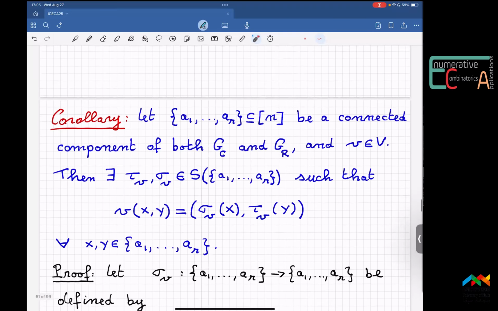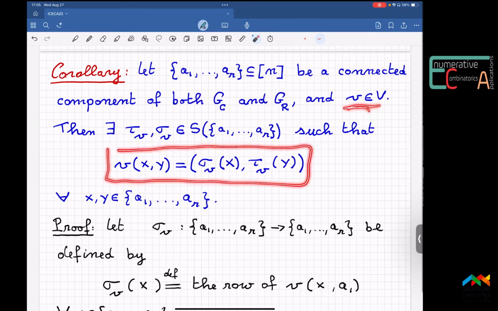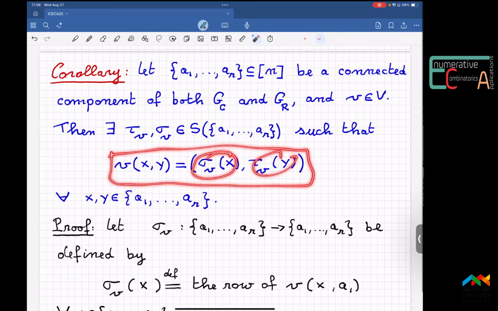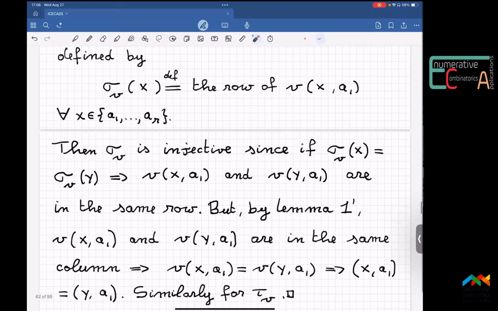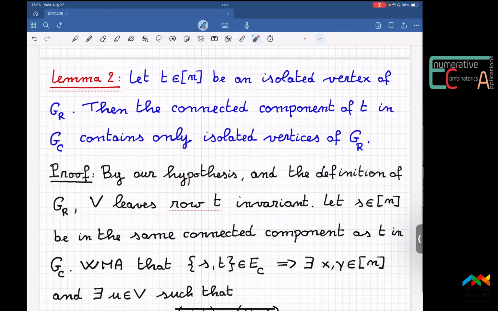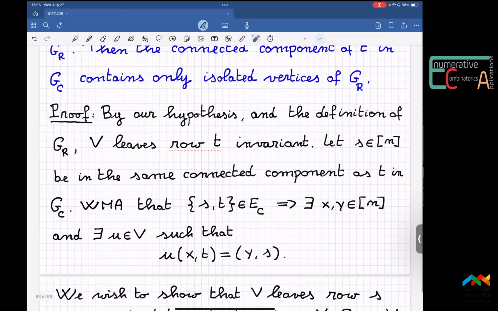This already has this consequence: if you have a bunch of numbers that are a connected component of both graphs, then any element of the group acts like a tensor product. There will be two permutations, sigma and tau, so that it acts separately on x and y. I just wanted to give you a feel. If you have an isolated vertex, then the connected component in the other one is only isolated vertices, etc. And this is an idea of how these results were obtained, and I will stop here.